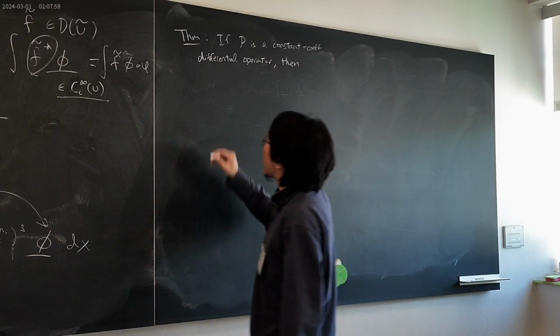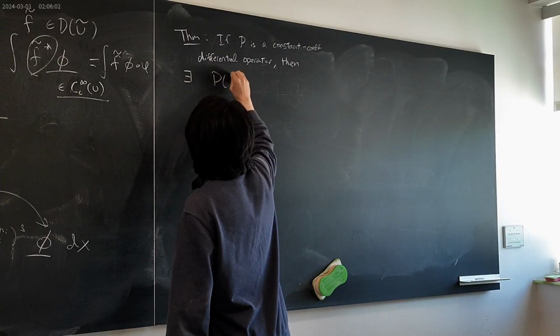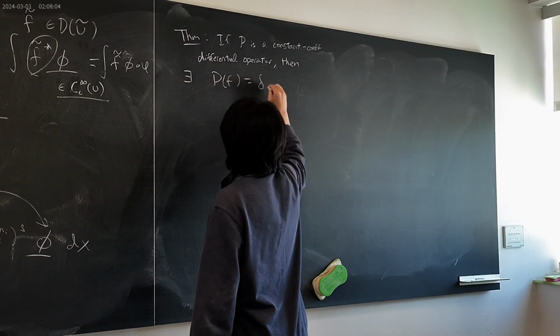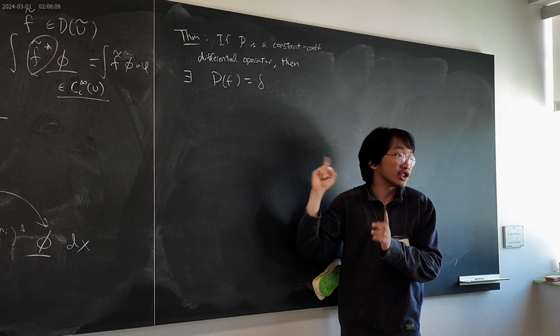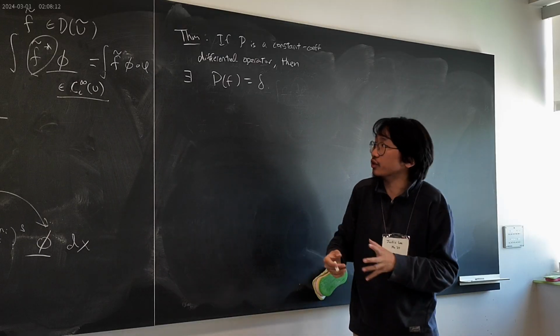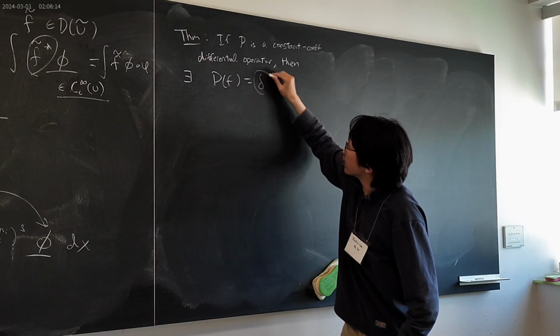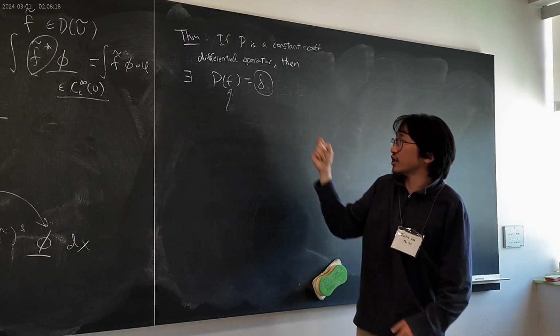What this means is that there's a solution to P of f equals the delta. We're always solving this equation in distributions. The distributions are kind of the complete space in which you can work with things. Notice that the right-hand side is also a distribution. So we want a distributional solution to this equation.